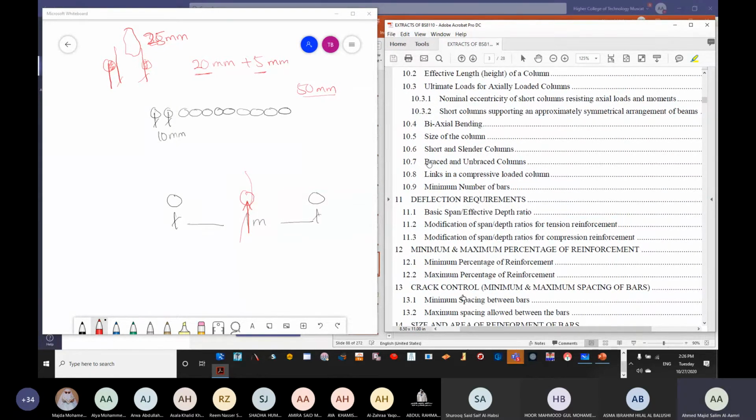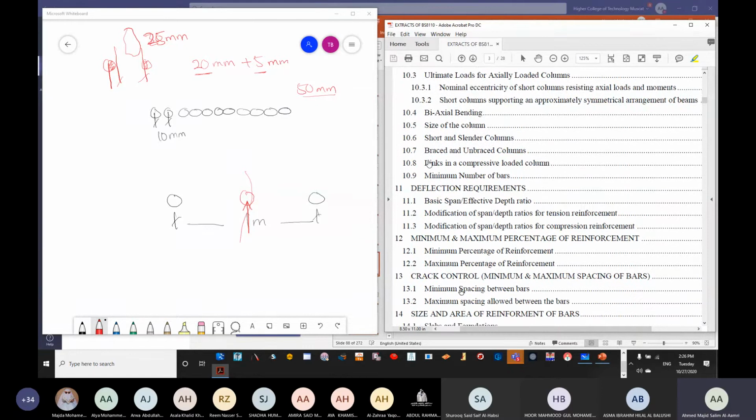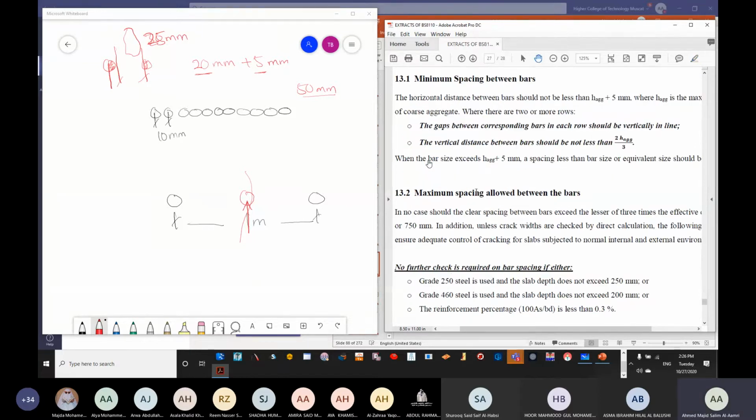So we have minimum spacing and maximum spacing. If we go to minimum spacing, it says the horizontal distance between bars should not be lesser than h of aggregate plus 5 mm, where h of aggregate is the maximum size of coarse aggregate. That's 20 in most reinforced concrete.